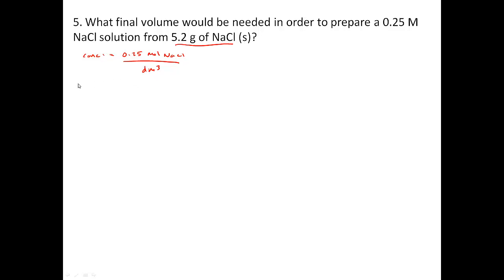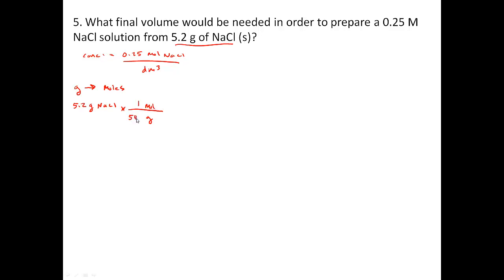Well, first step, let's go from grams to moles. When in doubt, probably a good idea to go from grams to moles. So I'm going to do this a little bit in a different way. I'm going to take 5.2 grams of NaCl and divide by the molar mass.